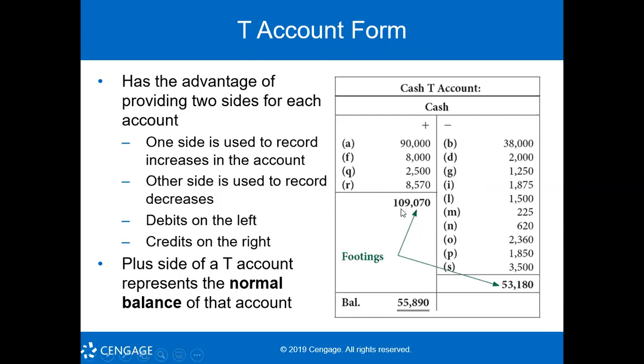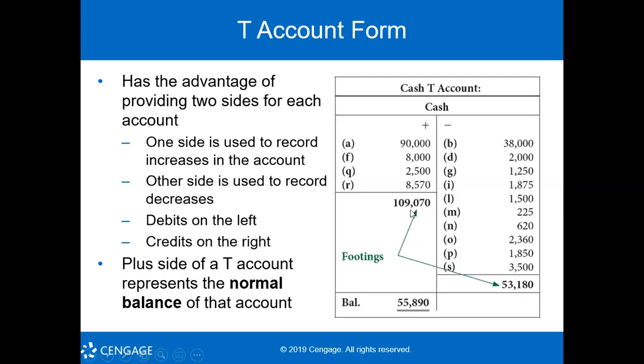We've got debits of $109,070. And then we have credits. Credits are decreases to cash, negatives to cash. So we've got credits of $53,180.